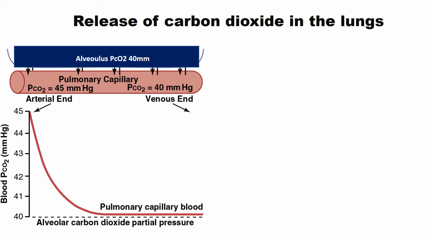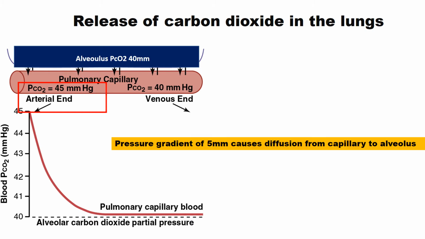It reaches the level of alveoli, and here the partial pressure you can see is 45 mm of mercury. So with the pressure gradient of 5 mm of mercury, it causes the diffusion of carbon dioxide from the pulmonary capillary into the alveolus, from where it is exhaled. So you can see here there is diffusion of carbon dioxide and the release of carbon dioxide into the lungs.